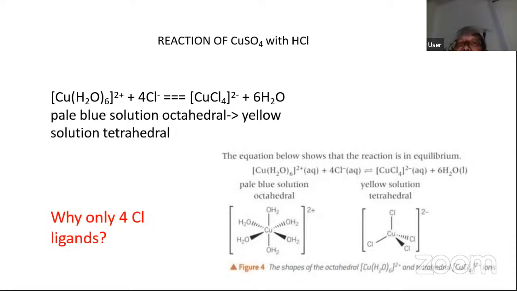So you establish the reaction. The reaction will explain what happened in the solution, and you can also study or predict or think about what happened to the geometry, which changed from octahedral to tetrahedral. By now, when you have tetrahedral, you must know the angle between the ligands, just like methane.